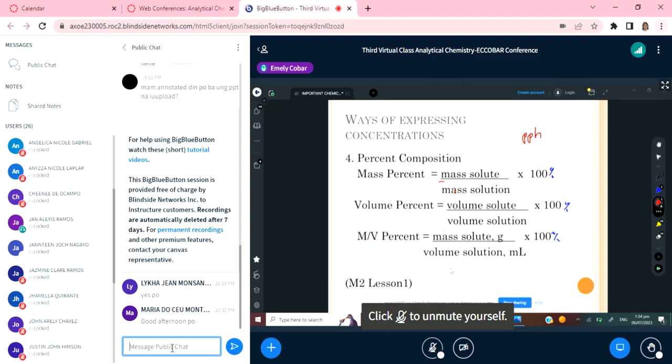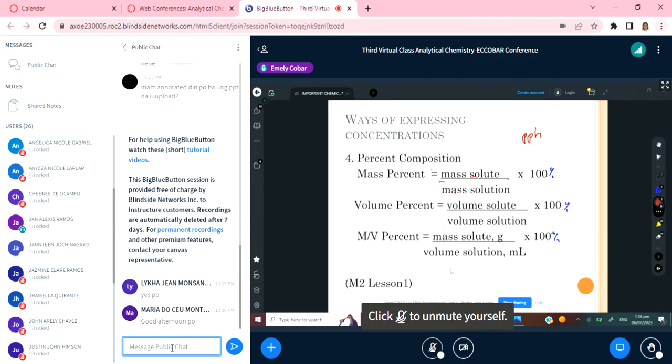Mass percent composition is also known as parts per 100, kasi minultiply natin ng 100. Kung minultiply natin ng 1,000, we can say that it is parts per thousand.